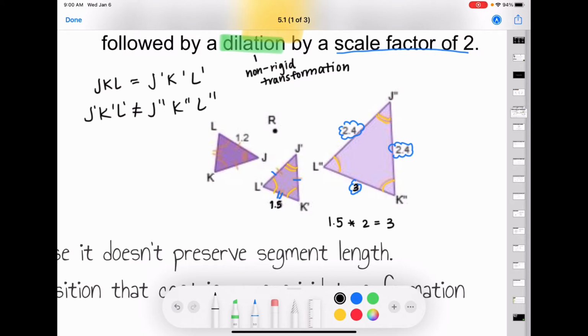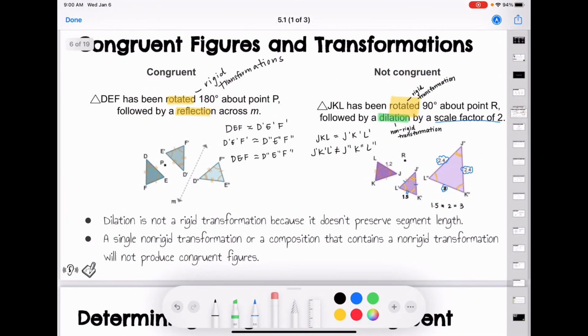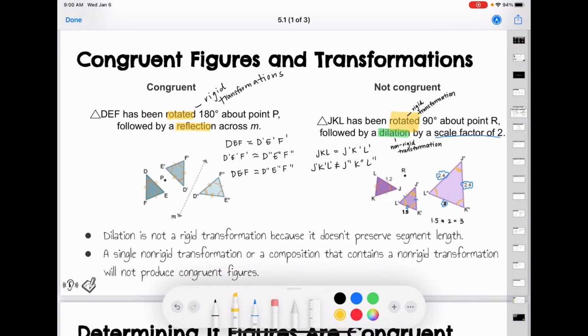So that's doing a dilation by a scale factor of 2. Therefore, those two wouldn't be congruent because the line segments are not congruent. Okay. So a dilation is not a rigid transformation because it does not preserve segment length, like we saw there.